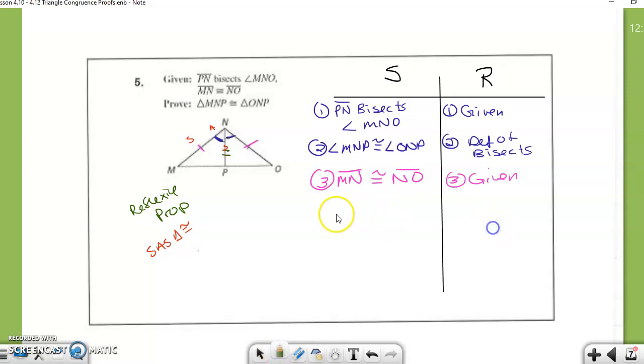And then I added some notation that NP was congruent to NP. And I was able to add that because of the reflexive property of congruency.